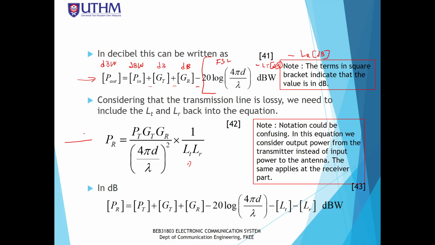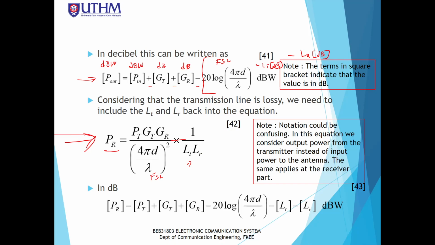Again, you see that here is PR. Don't confuse P out and PR. The power received by the receiver, if we consider the losses in the transmission line LT and LR, can be written like this: PT multiplied with GT multiplied with GR, divided by the free space loss, and also LT and LR.